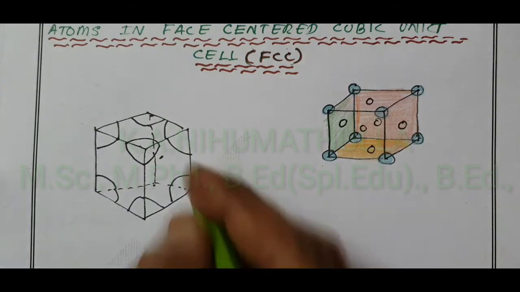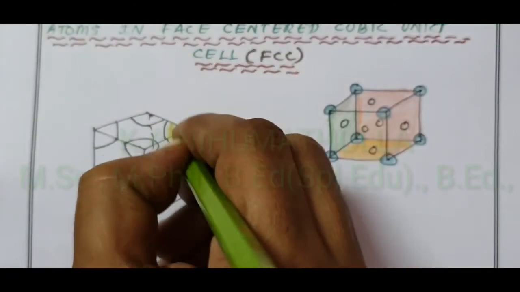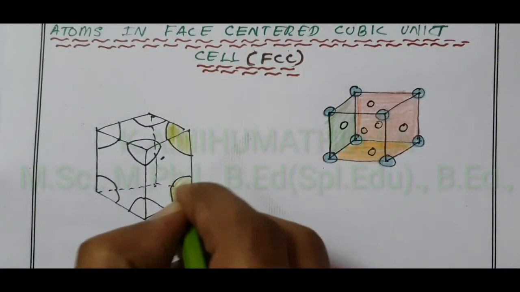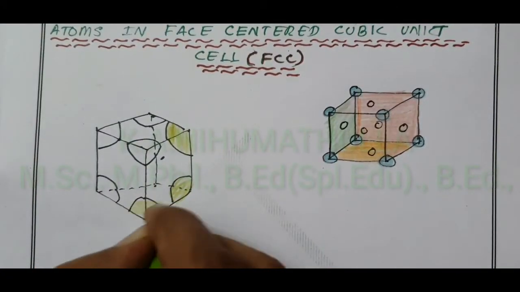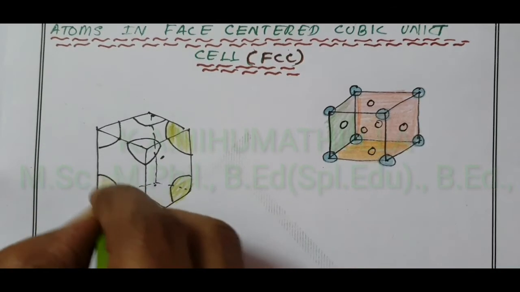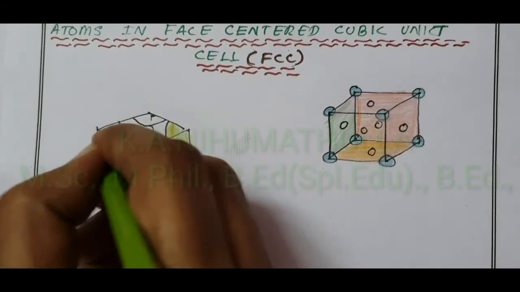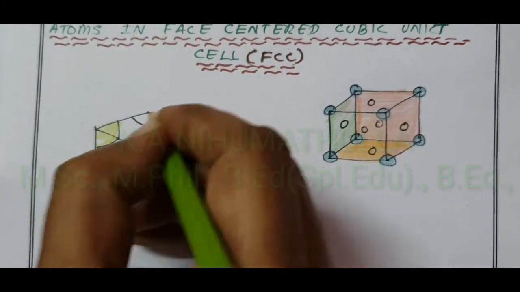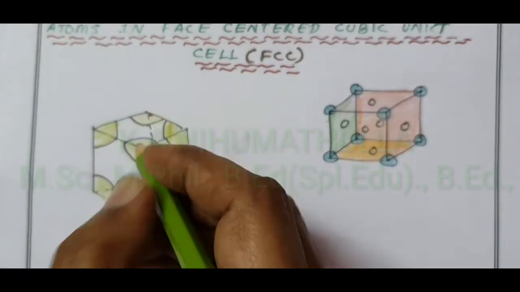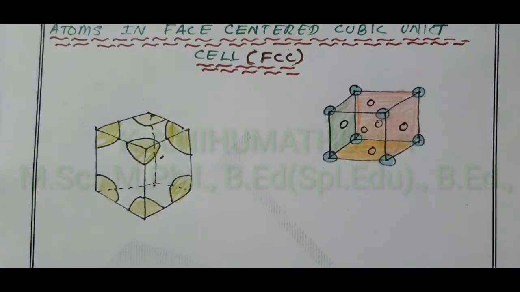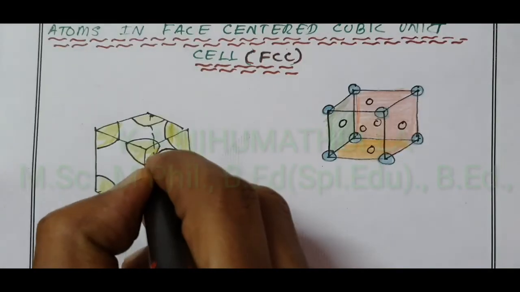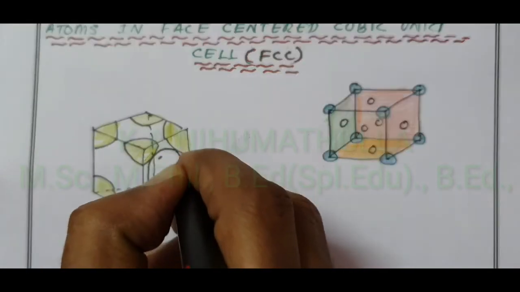Now I give a different color to the corner atoms. After that I draw the face centered atoms. There are 8 corner atoms and 6 face centered atoms, 6 faces, 6 face centered. Now on the right hand side we have one face centered atom covering all these.